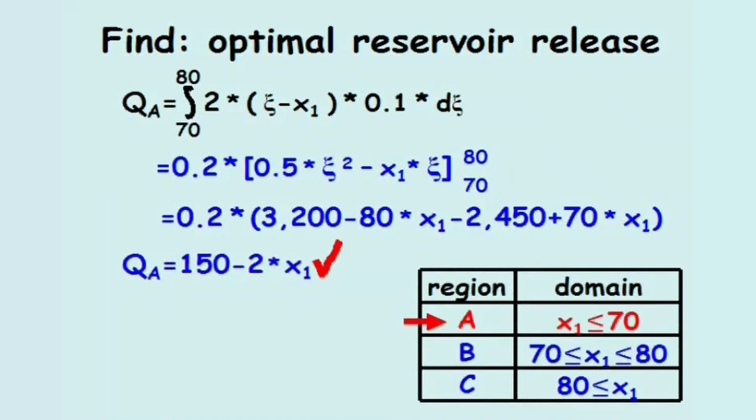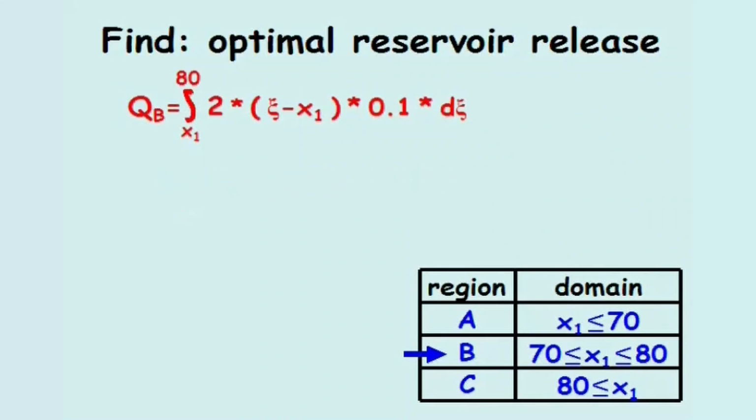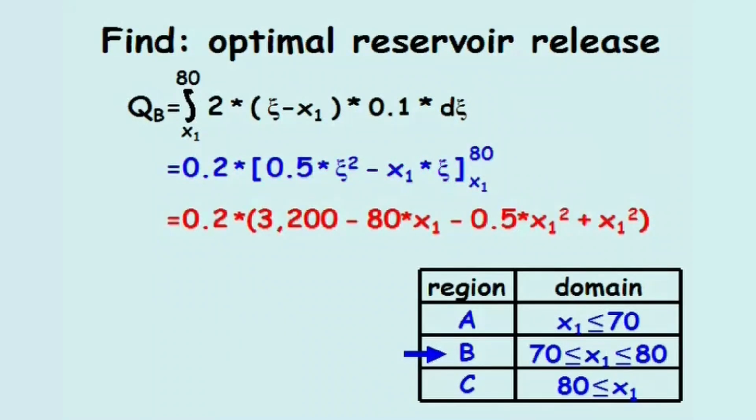Next, we'll define the penalty for region B. As with region A, the penalty for region B only occurs if the release, x1, is less than the demand, xi. Therefore, the first integral can be removed from the penalty equation. Next, Q_B is calculated in terms of the release, x1, and the probabilistic demand, xi.